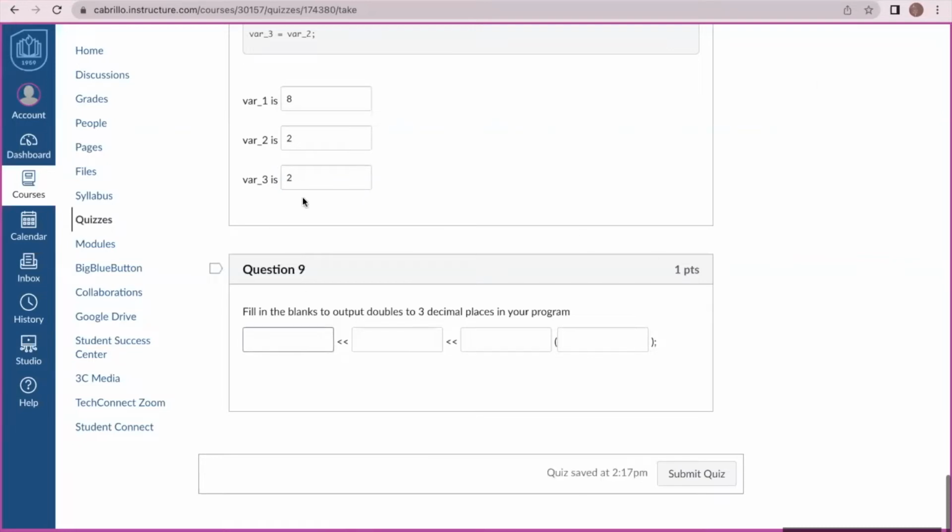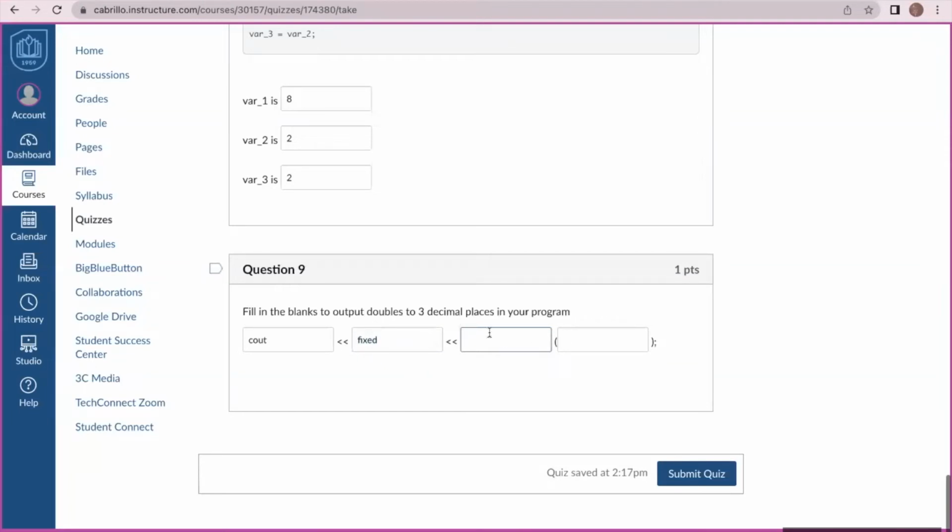Let's start off with what goes in the first box. Yes, that would be correct. cout, because this is formatting output, so it's a part of your cout statement. All right, what about here? That would be correct, fixed. Fixed just means that your numbers, when they output, are not going to be in scientific notation.